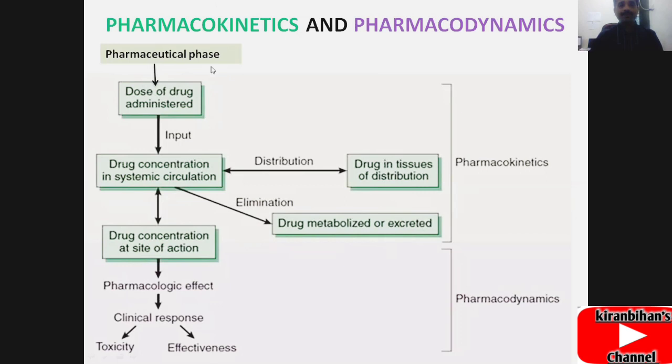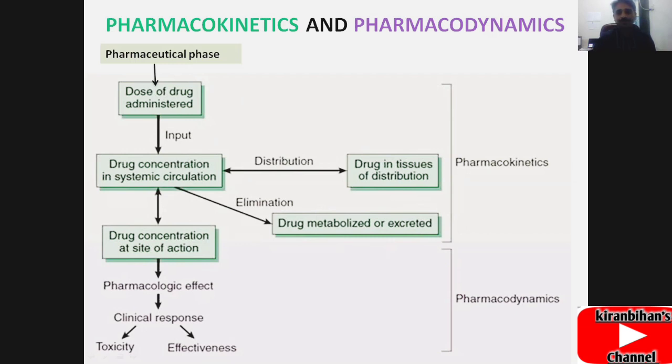And when we administer the drug, it gets disintegrated in the stomach and dissolved. And after that process, the drug gets into the body through the GI tract, if we are taking the drug through the oral route. The drug gets distributed after the absorption.